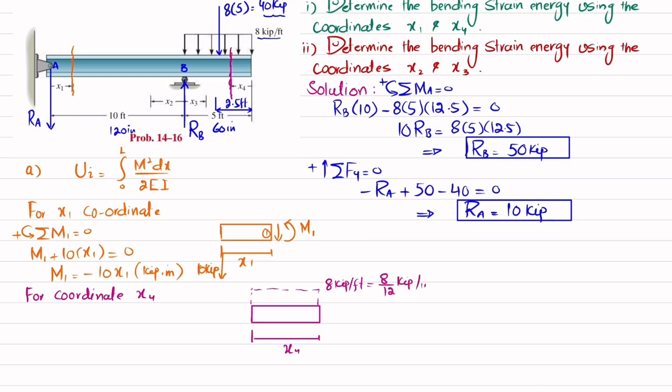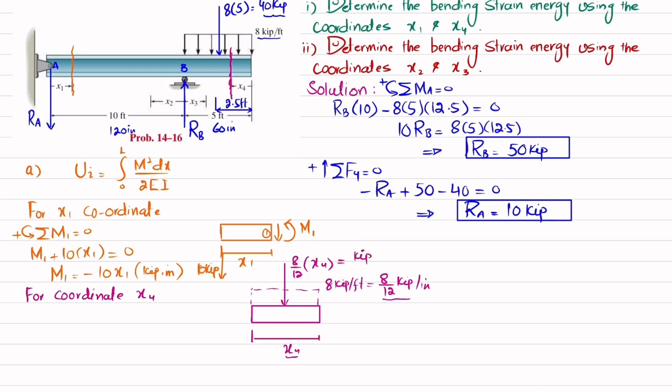This distributed load, when converted into a point load, will be equal to 8 over 12 times the distance x4. X4 is in inches, so that will give you the unit kips.